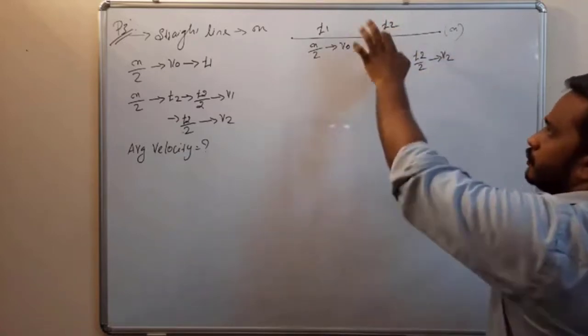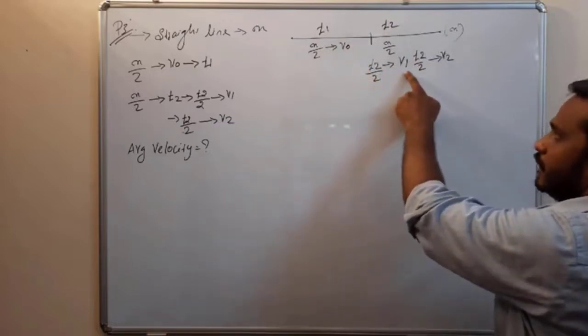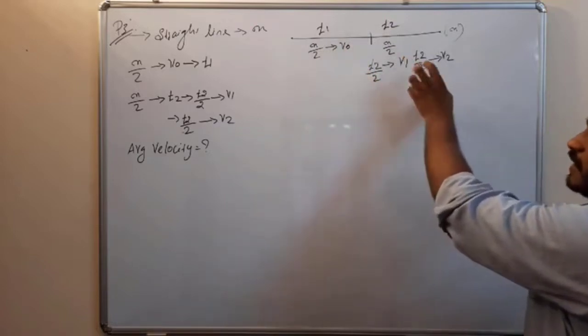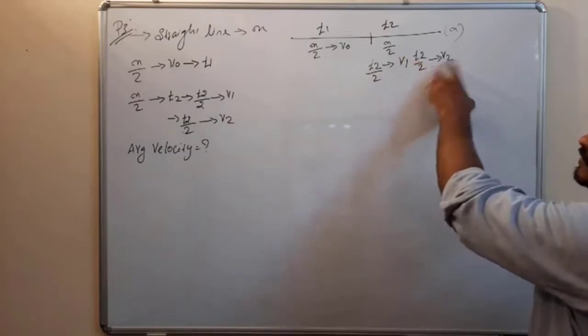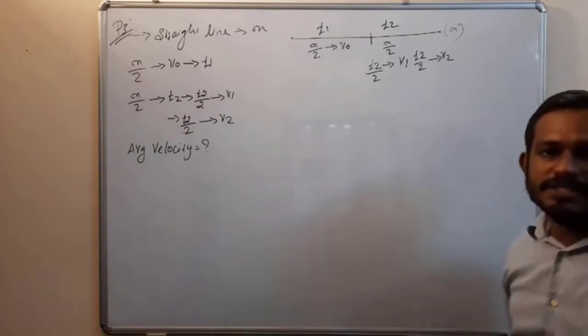In that time t2, t2 by 2 is covered with the velocity v1, and the remaining half of the time, t2 by 2, is covered with the velocity v2. So we have to find the average velocity.